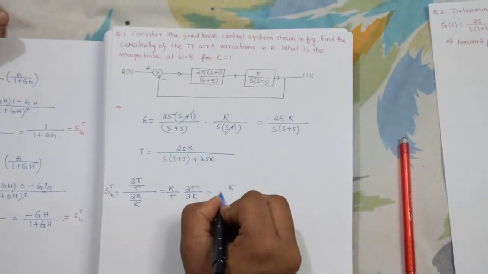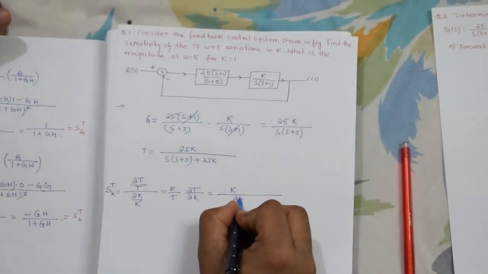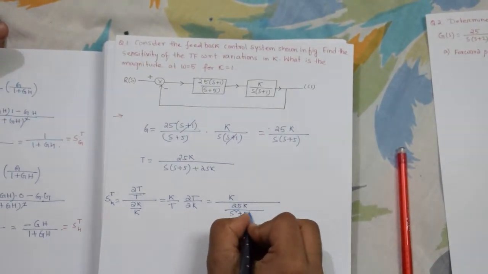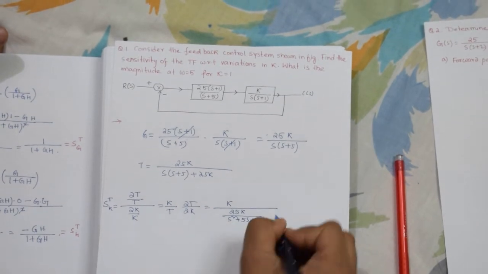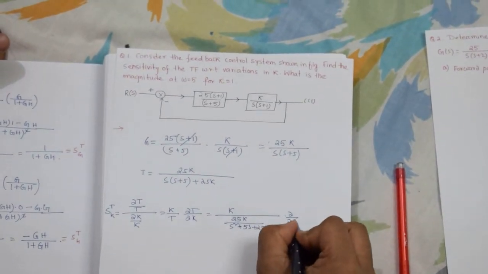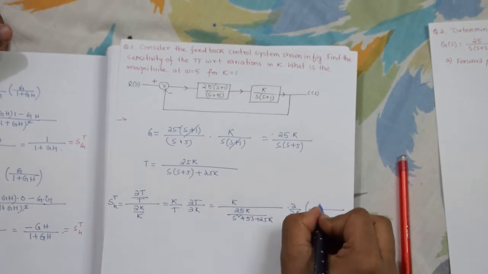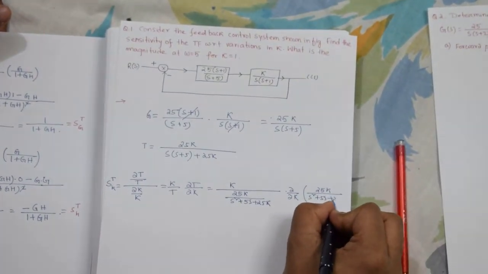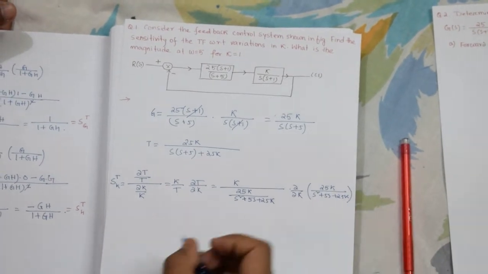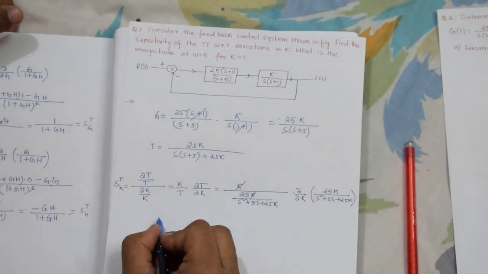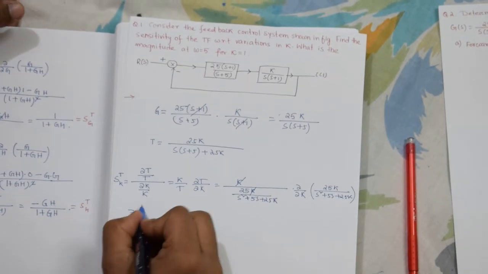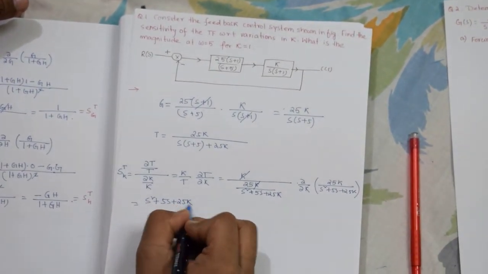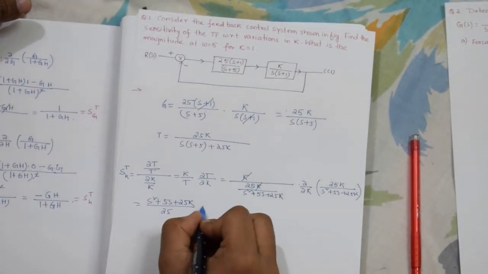It will be k by 25k by s square plus 5s plus 25k into d/dk of 25k by s square plus 5s plus 25k.